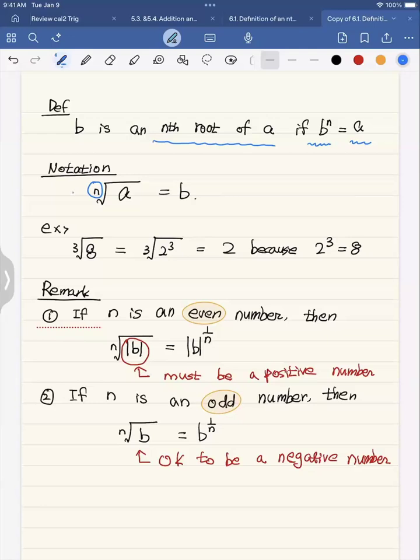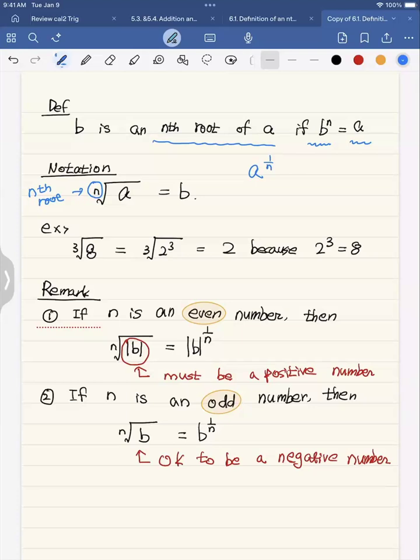That means nth root. So when we think about this nth root, that implies roughly a to the 1 over n power.